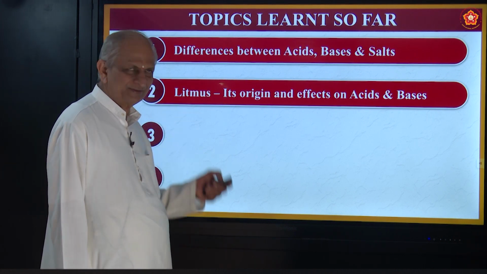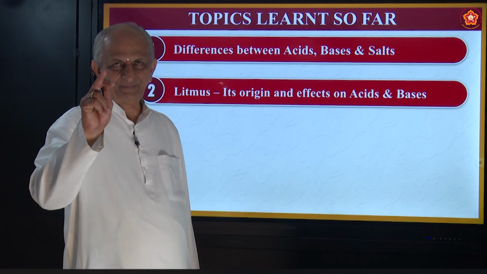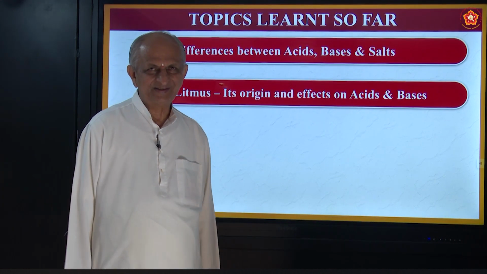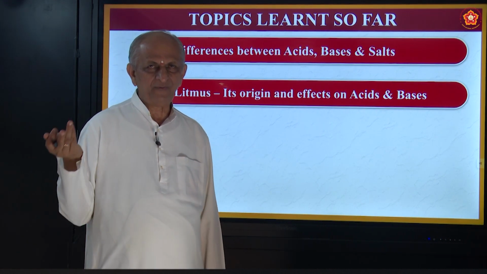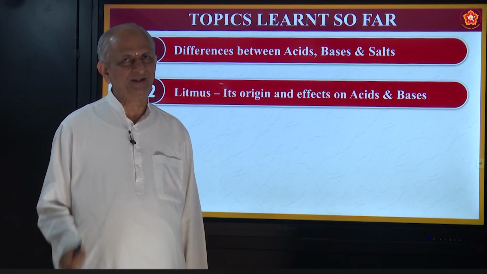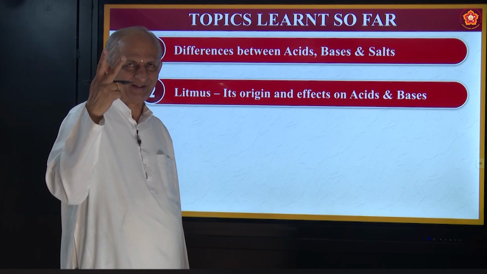And litmus, how is it got? It is got from plant origin. It is available in the form of paper, also in the form of solutions. There are two kinds of litmus. What are they?